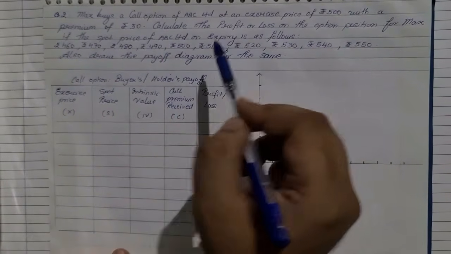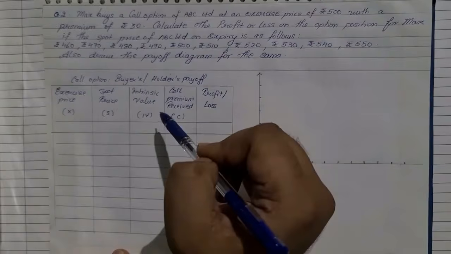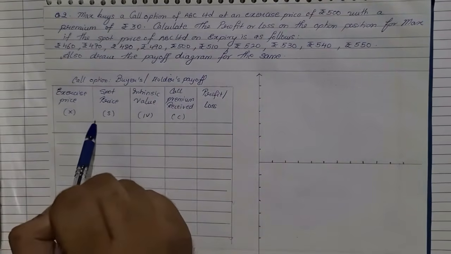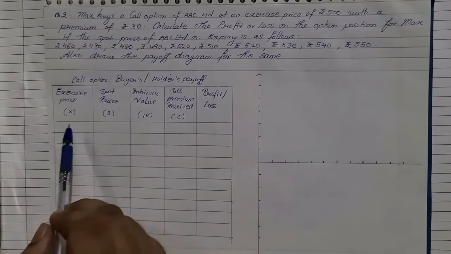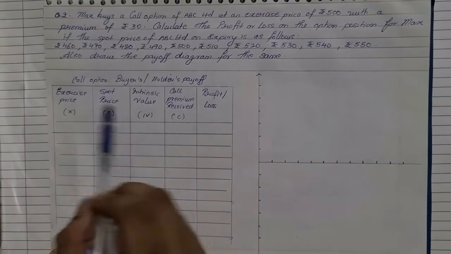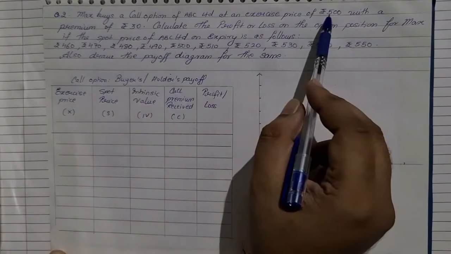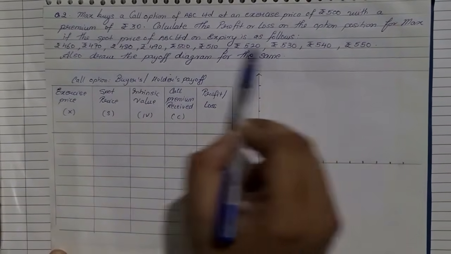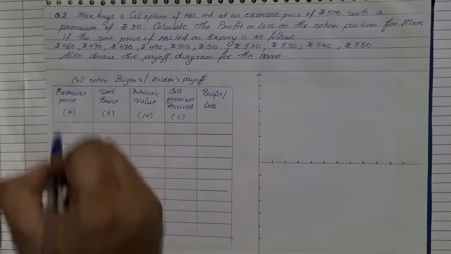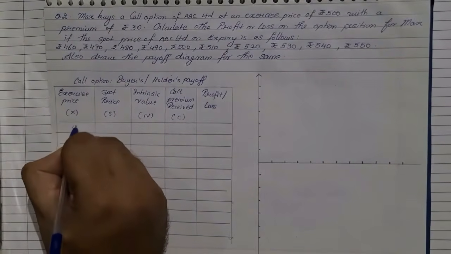So now let us see how to solve this sum using first the tabular method. Under the tabular method, we have created a table having 5 columns. The very first column has exercise price, which is 500 as per the sum. Since there are 10 spot prices, I'll note down rupees 500 at all the 10 places.